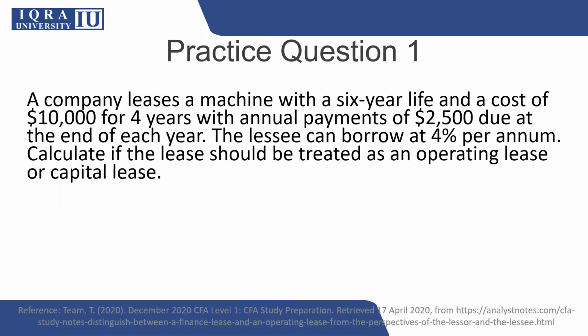So the fundamental things are given over here. The useful life of the machine is given, as well as the cost at which it is already available in the market. It is also given for how long the company is planning to take this asset, what annual payment will be paid by the company, and the discount rate.